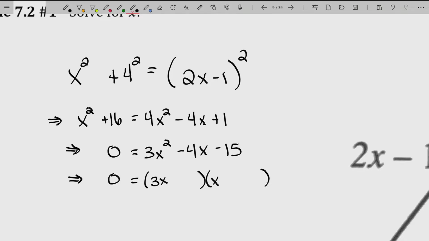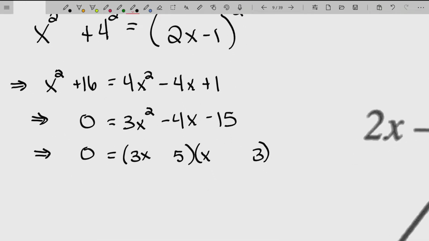Let's see. I need two numbers that multiply to 15. Let's try 5 and 3. 3 times 3 is 9. 5. Yep, that'll work out. So I'm going to go ahead and put the 3 there, the 5 there. One of them has to be negative, and let's see which one that's going to be. Oops, nope, that won't work out. Again, one of them has to be negative.